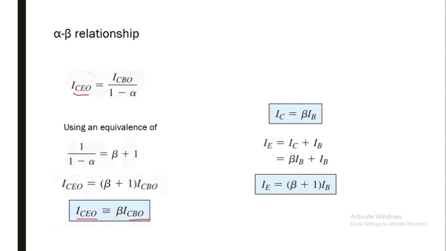So putting this into this equation will give us ICEO is equal to beta plus 1 into ICBO, and in this case, since the value of beta is around 40 to 400, beta plus 1 can be approximated with beta. So with this approximation, we will get this equation: ICEO is approximately equal to beta ICBO.